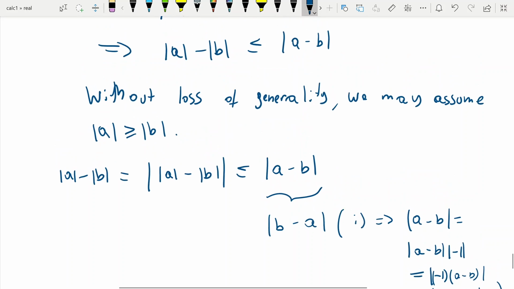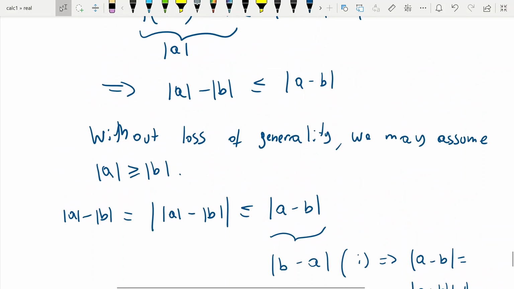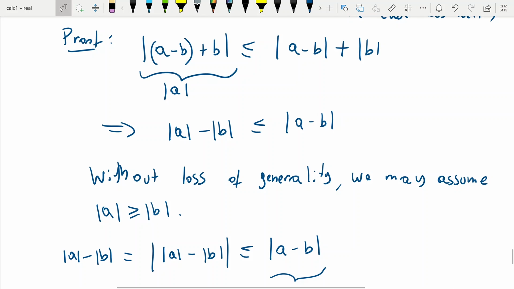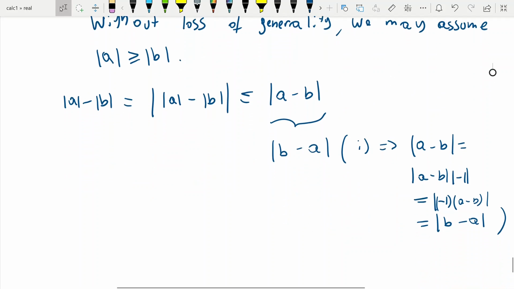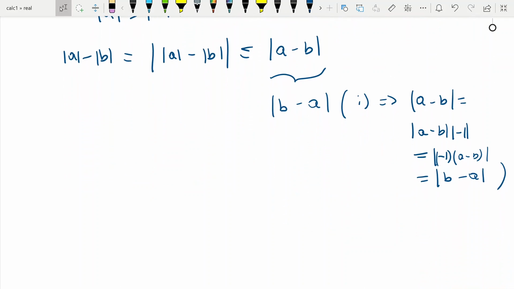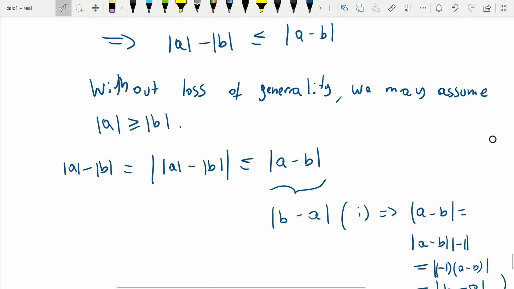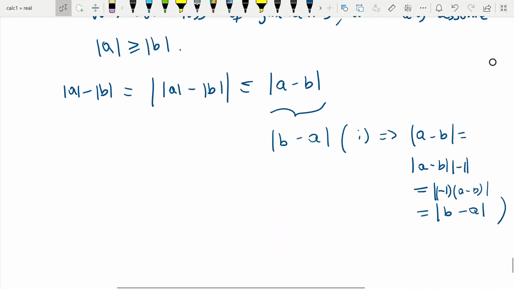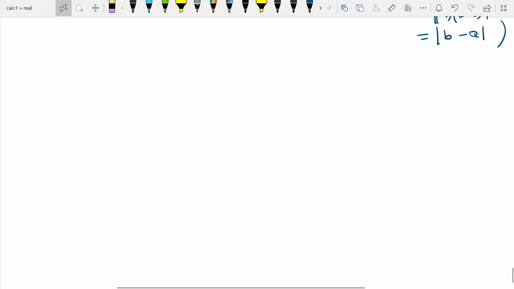And so when you change the roles of B and A, you get the same thing. So that's why we say that without loss of generality, we may assume that A has an absolute value that is greater than or equal to that of B. If not, well, you do the same thing for B instead of A. Okay, so these are very important properties.